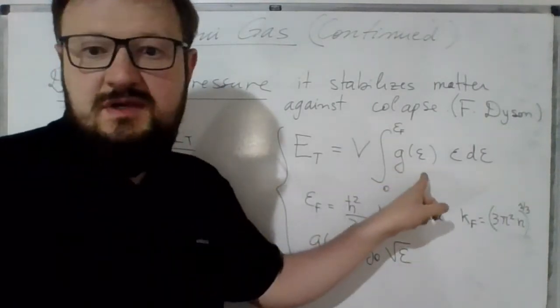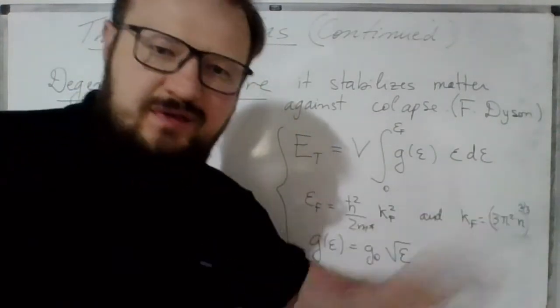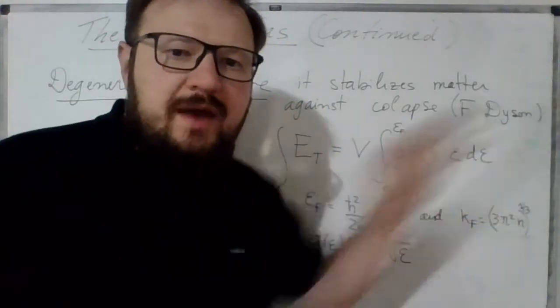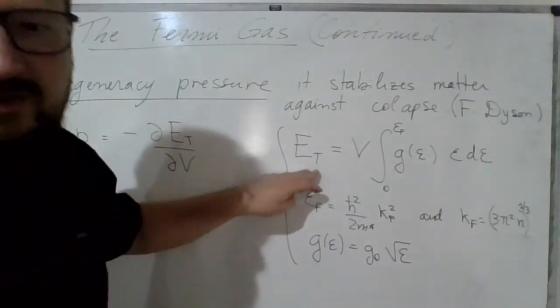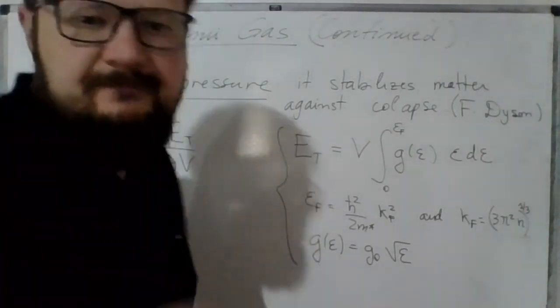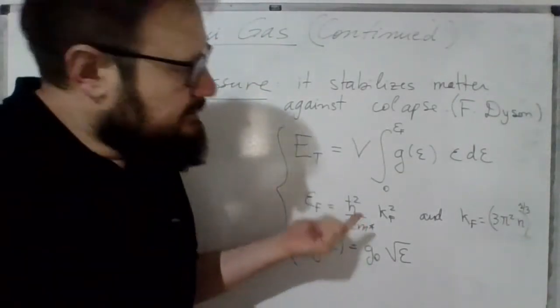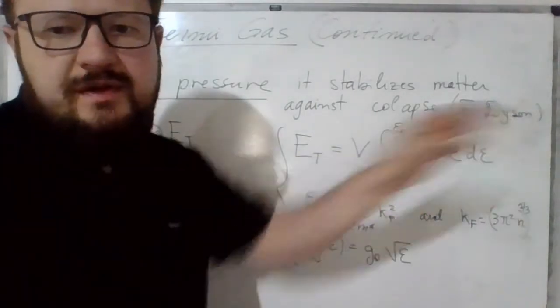I am assuming here temperature T equal to 0, and corrections at small temperatures are of order T squared. So the square of the temperature gives the corrections to the total energy of the system. But we are interested in the pressure, and the leading order here is the zero order in temperature.